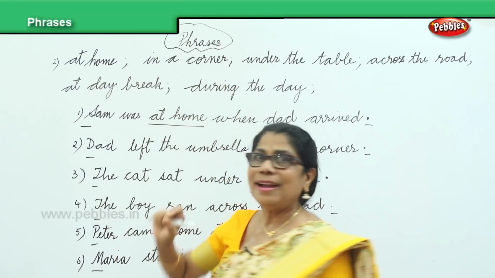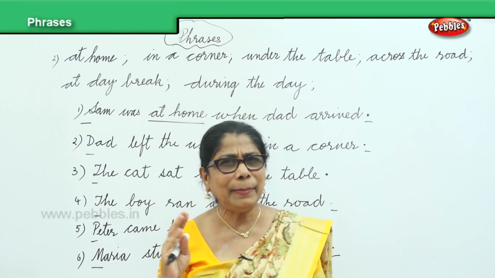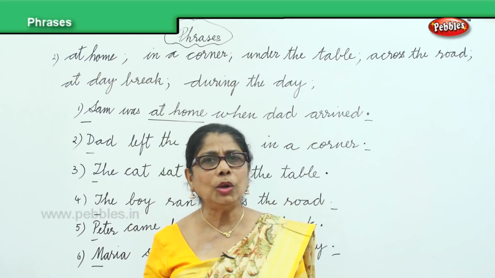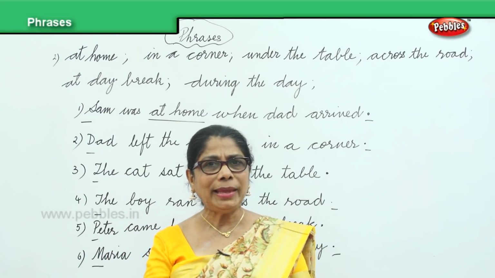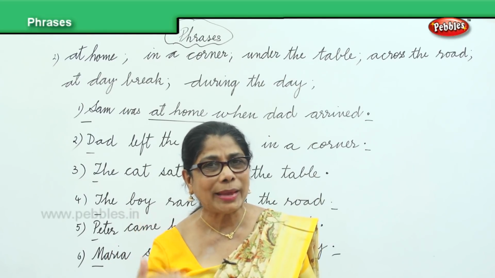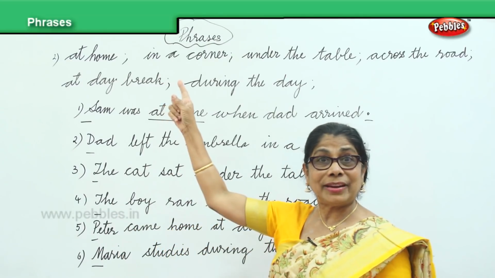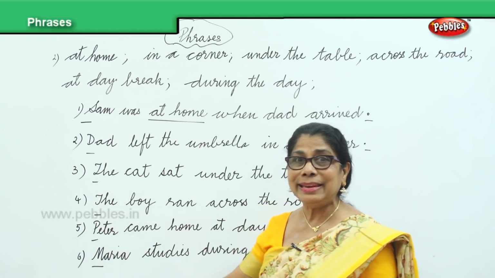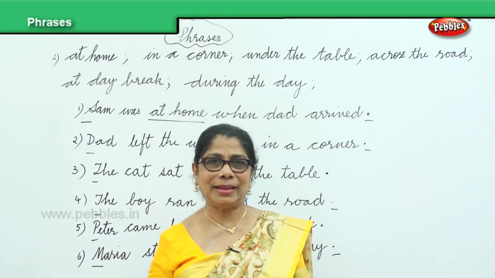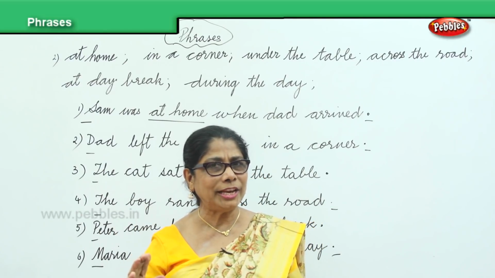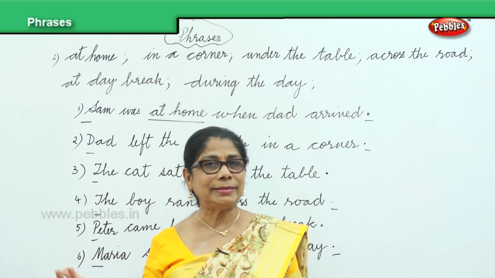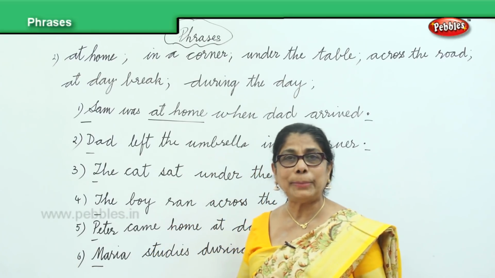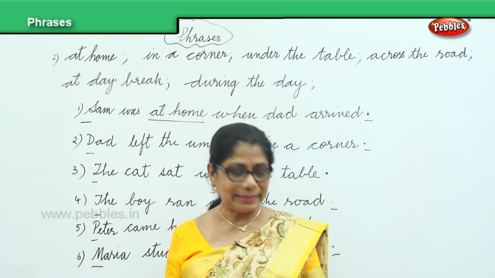These are groups of words that make sense, and we call them phrases. Now what we have done, you and I, together, is use the phrases and make complete sentences. Now you know how to turn the phrases into proper, complete sentences.